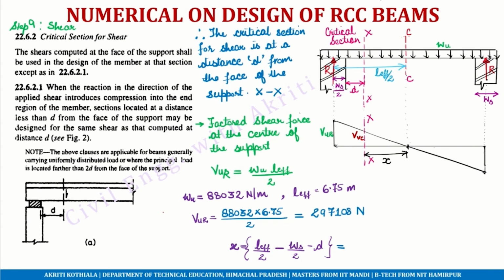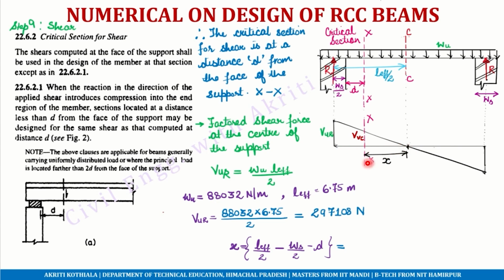Now we need to calculate this distance x from the center of the beam at which this critical section lies. To calculate this point, we simply take half of the effective span, 6.75 divided by 2.